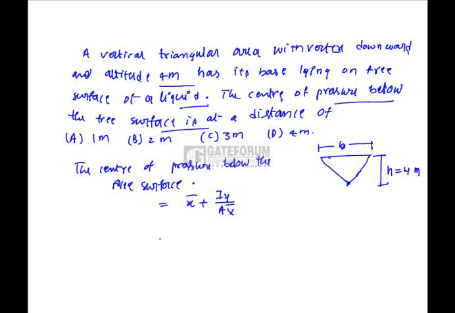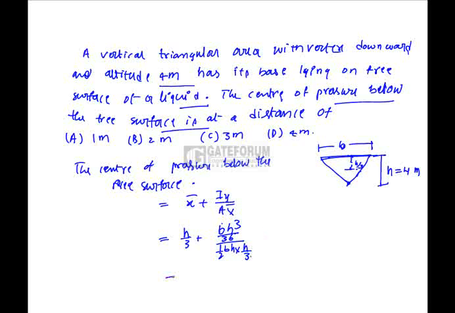We know x bar is going to be at a distance of h by 3, Iy with respect to the base is b h cube by 36, divided by area which is half base into height, into x bar which is h by 3.